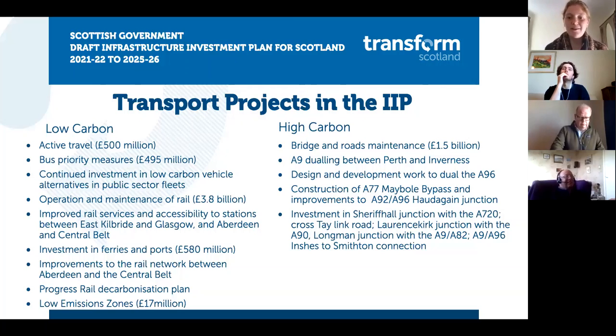So despite the fact that we know that the Scottish Government has produced cost estimates, for instance, for the dualling of the A9 before, why that isn't in there would be a good question. Quite a few on the low carbon transport side. There are several of the projects that do have cost estimates against them, but there are still also a number of them that don't have any cost estimates either.